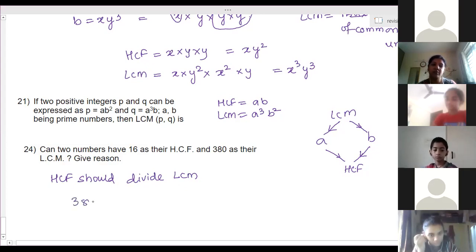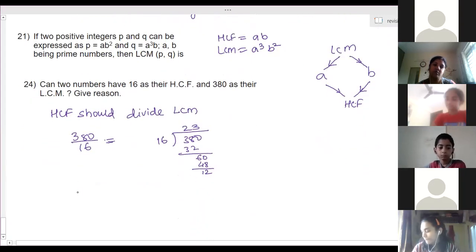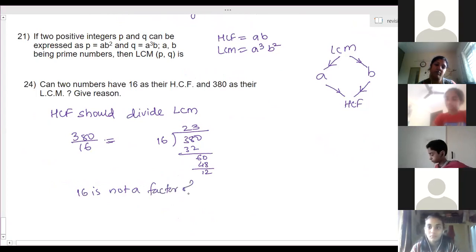So check 380 by 16, considering they are HCF and LCM. Are they divisible? No, ma'am. 16 2s are 32. 16 3s are 48. Remainder is 12. So it is not completely divisible. 16 is not a factor of 380. Therefore, this relation is not possible.